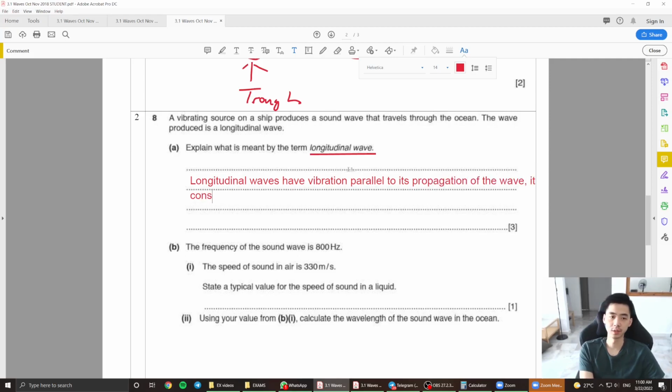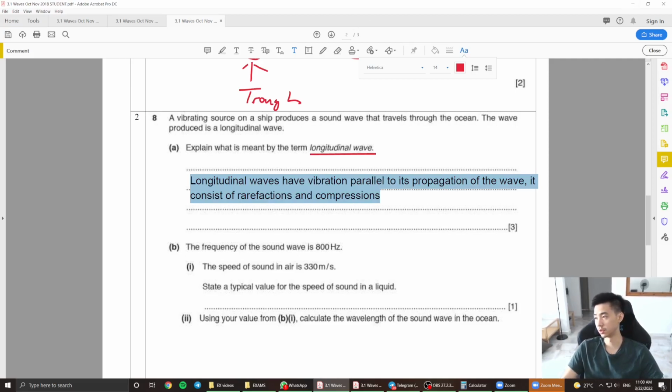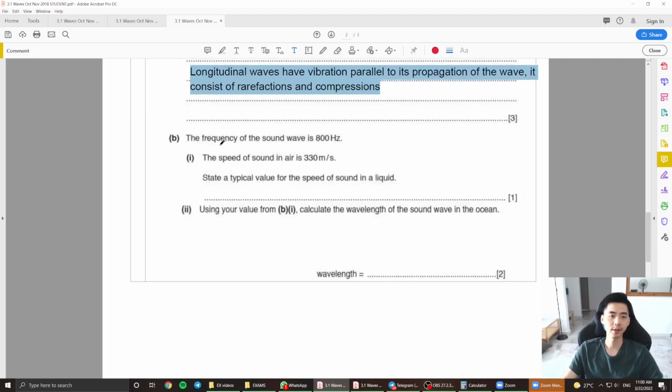It consists of rarefactions and compressions here. So this is how you're supposed to get your 3 marks. You're supposed to say that the vibration is parallel to its propagation and it consists of rarefactions and compressions.